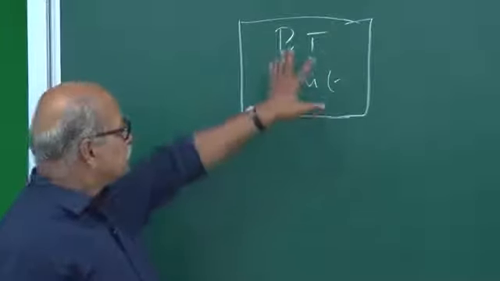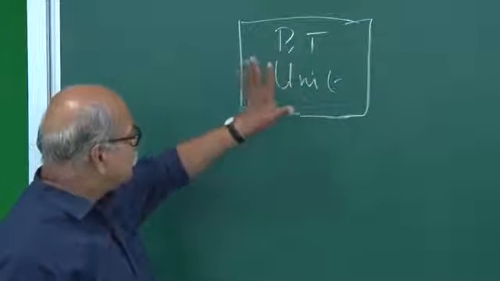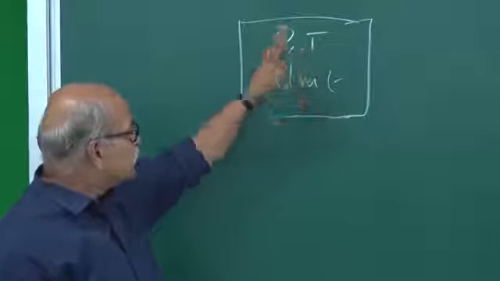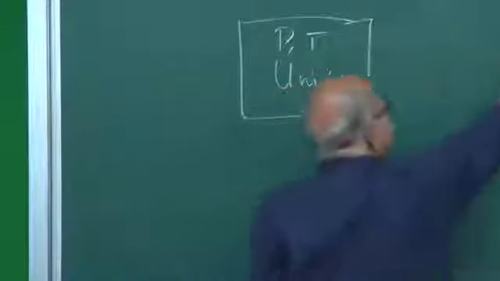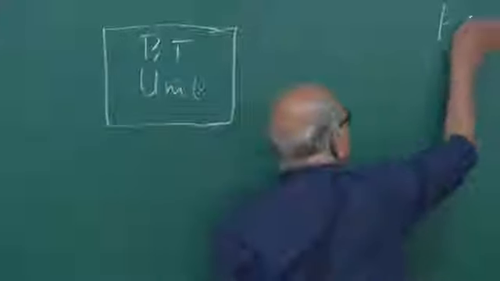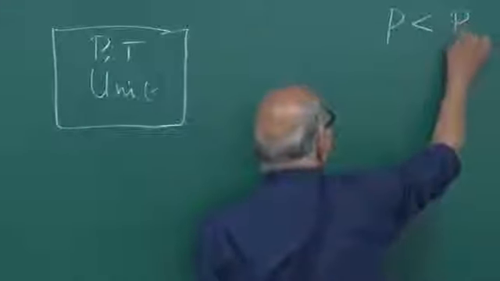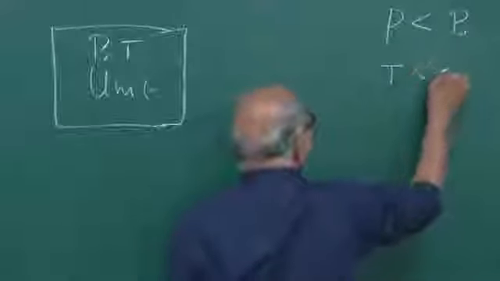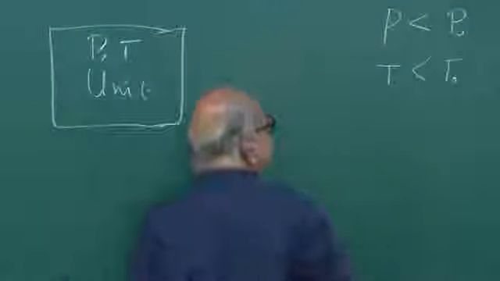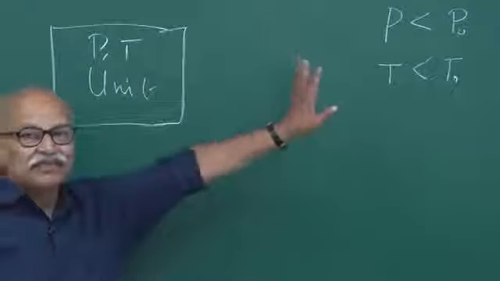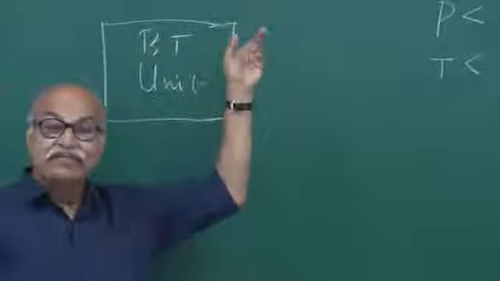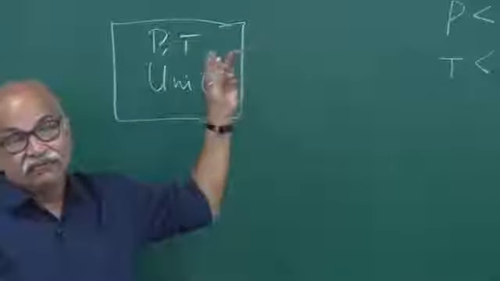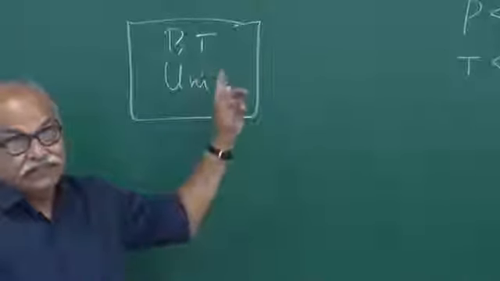In a steady state there should be some fixed pressure and temperature which could vary a little bit, but P should be less than P naught, and T should be less than or equal to T naught. It should not exceed that.